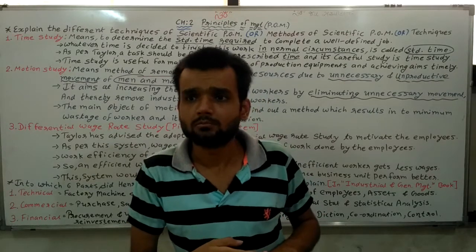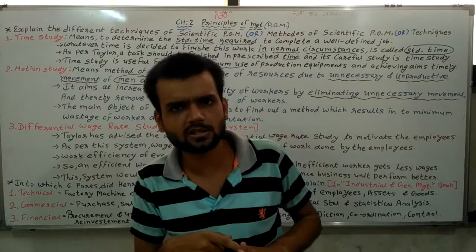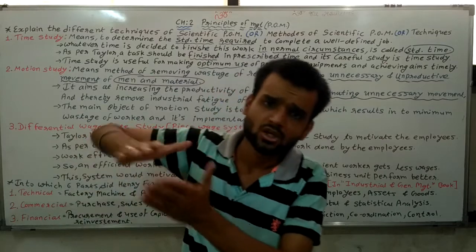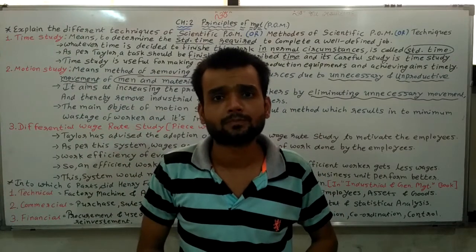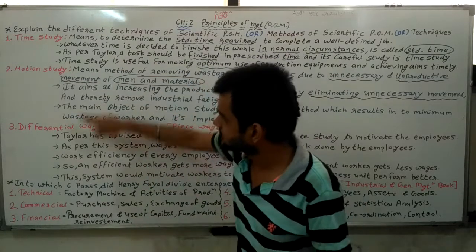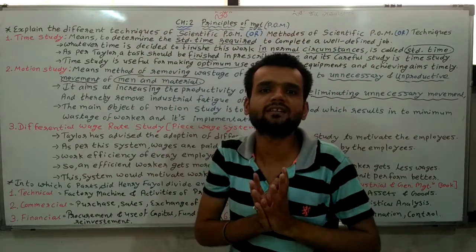Targets are given, but ones which can be completed in natural, normal circumstances. These 3 suggestions are given. On that basis, 8 principles were given by Frederick Taylor, and they can be applied after studying these 3 things. This is the whole of Frederick Taylor.